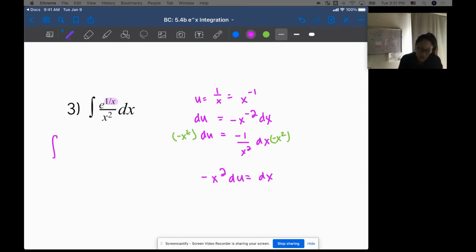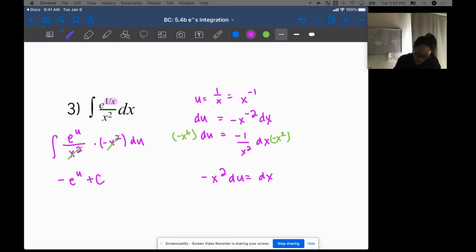All right. So I get e to the u over x squared times negative x squared du. How nice is this? Cancel, cancel. So I get negative e to the u plus c.